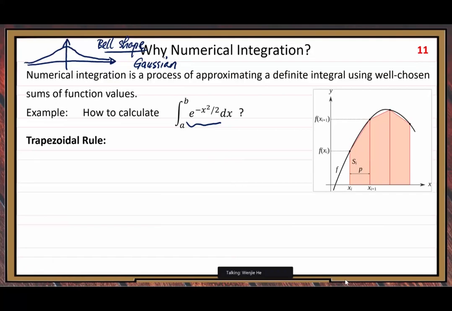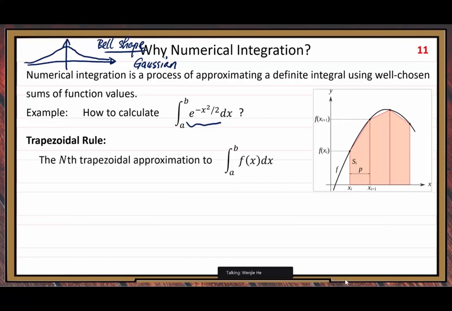It's an approximation, because it's not a perfect fit. When we make the trapezoids smaller and smaller, we can approximate the original integral better and better.